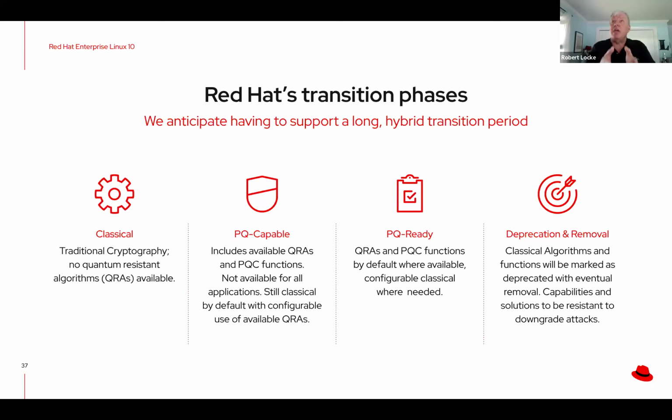Next is PQ capable, which is where we are with RHEL 10. We are introducing some quantum resistant algorithms, and we are making it so that we will be ready when the standards are ultimately established. Because right now, this is not a mature standard. This is not something that's been specified, though we are starting to get a lot of warnings.